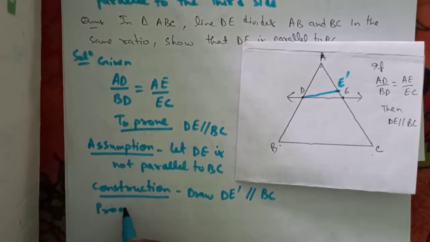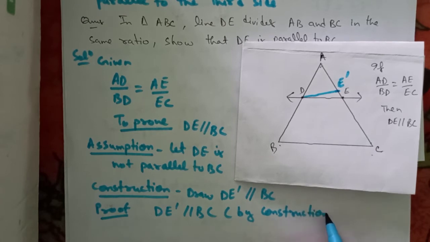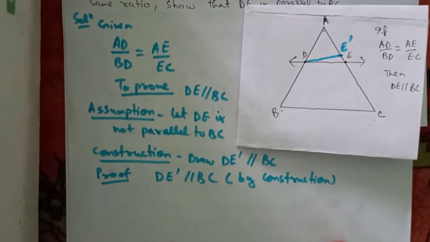So we know that DE dash is parallel to BC by construction. So now we can apply the midpoint theorem.